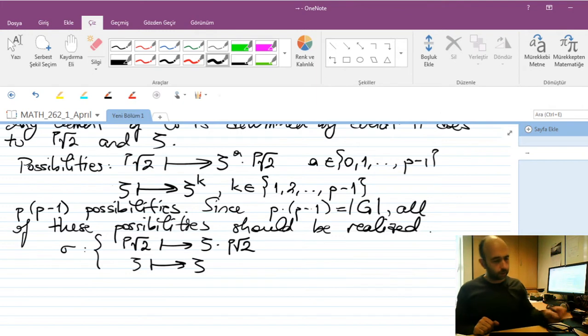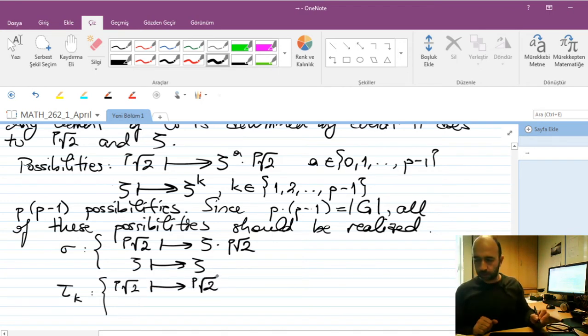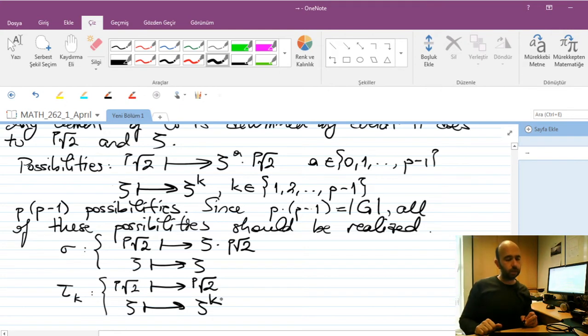And let tau_k, let's say, send p-th root of 2 to itself and zeta to the power k.